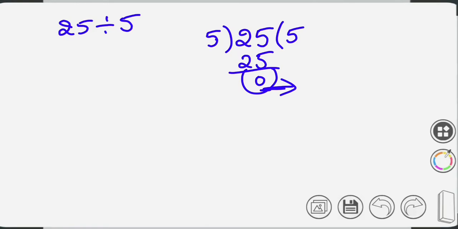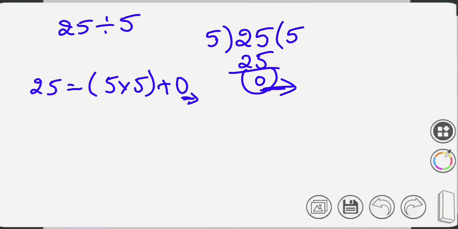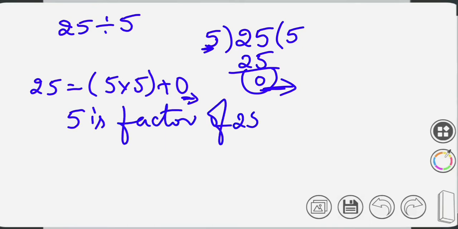So 25 can be written as 5 into 5 plus 0. When the remainder is 0, then we can say that this divisor 5 is a factor of 25. When the remainder is 0, the divisor becomes the factor.